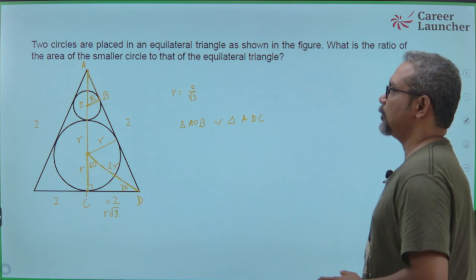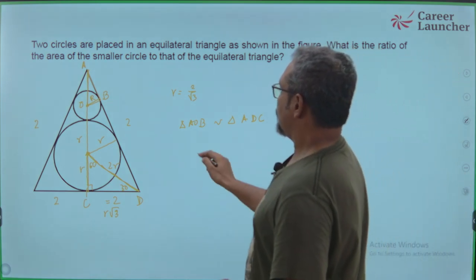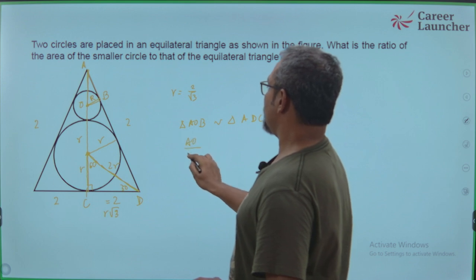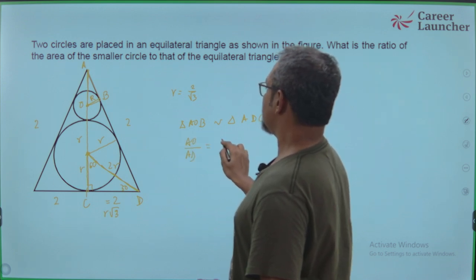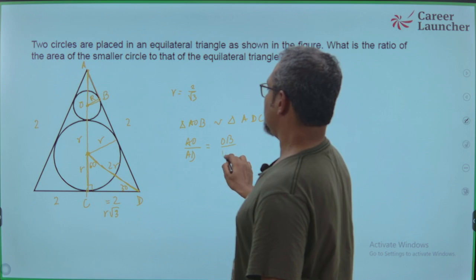AOB is similar to ADC. So we'll write down AO over AD is OB over DC.